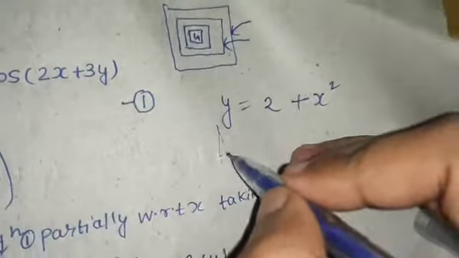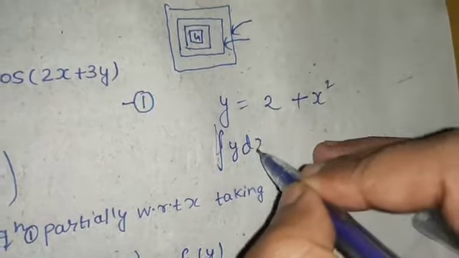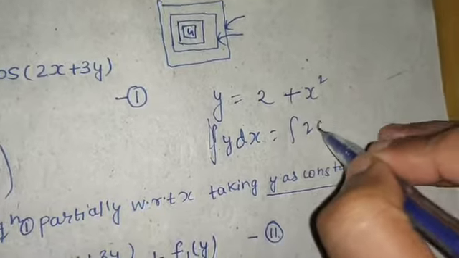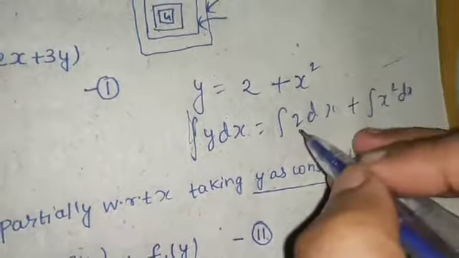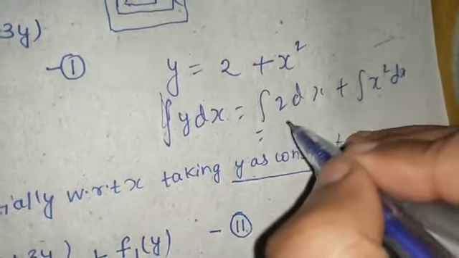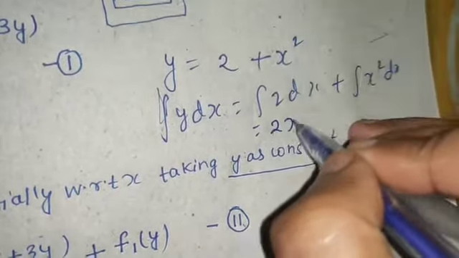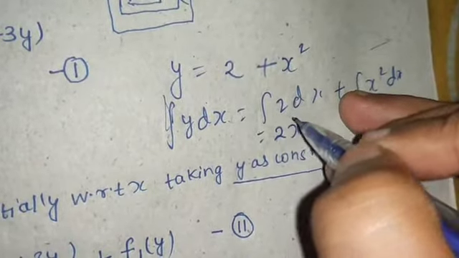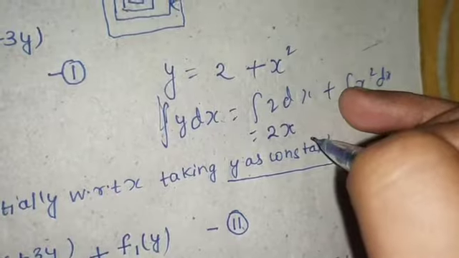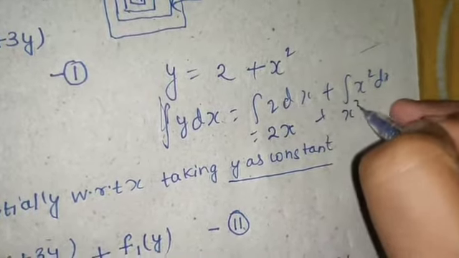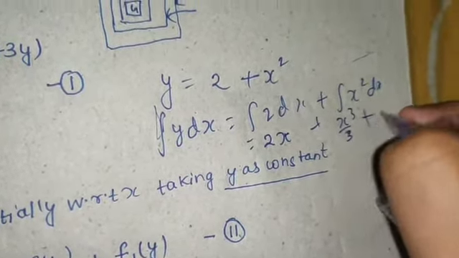If you integrate y with respect to x, integrate individually: integral 2 dx plus integral x square dx. So integration of 2 is nothing but 2x, because 2 can be treated as 2 into x power 0, and integration of x power 0 is x power 0 plus 1 divided by 0 plus 1, and here you will get x cube by 3 plus a constant c.